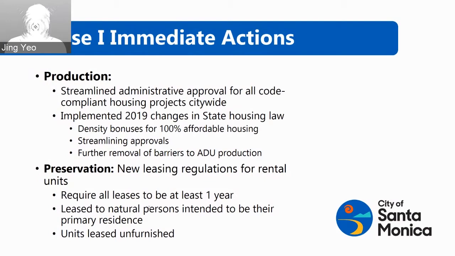And this was intended to remove some of those process and regulatory barriers for the production of housing. In addition to that, there have been changes in state law recently with respect to density bonus law, particularly for 100% affordable housing, streamlining, and obviously there's a strong interest also in accessory dwelling units and what that may provide in terms of housing opportunities. So there's a strong interest in removing those barriers.